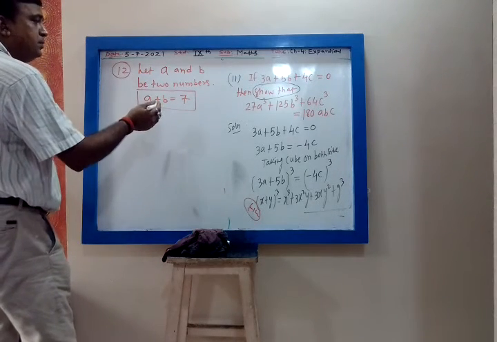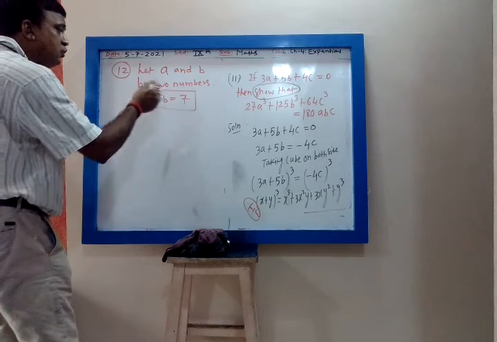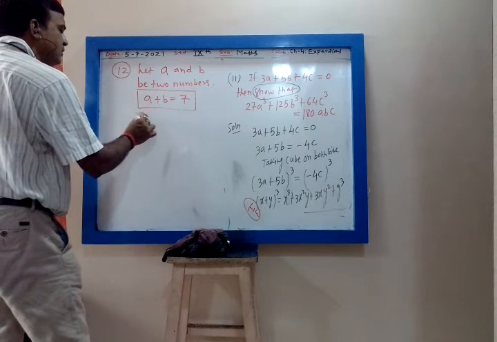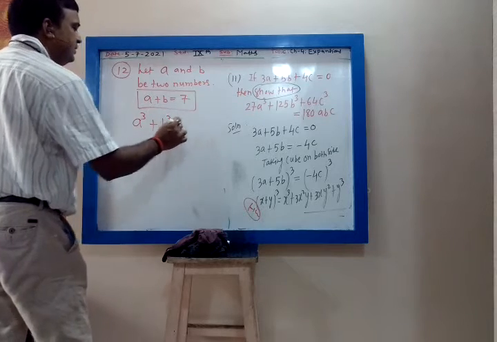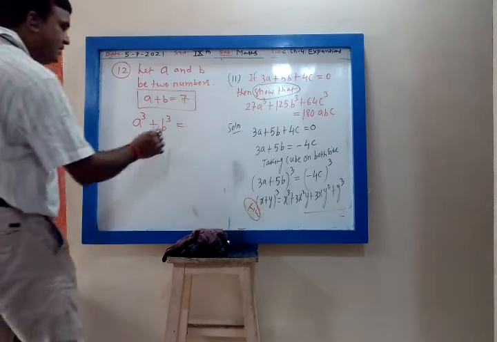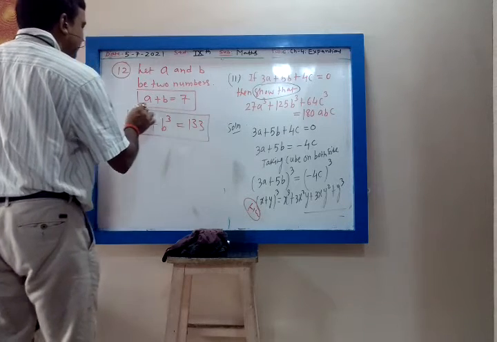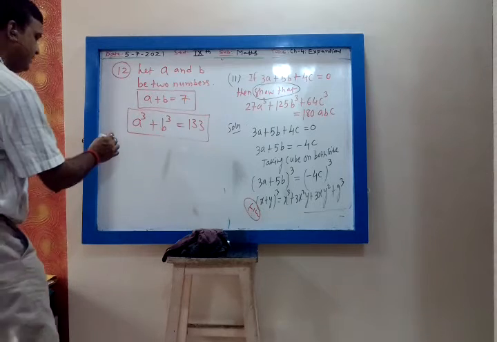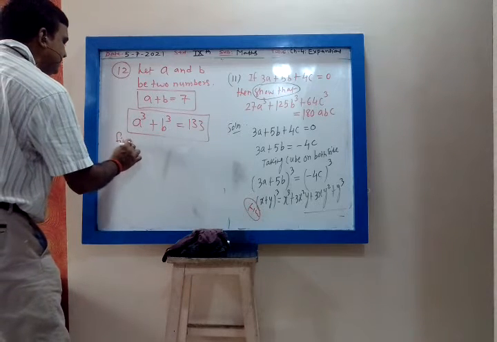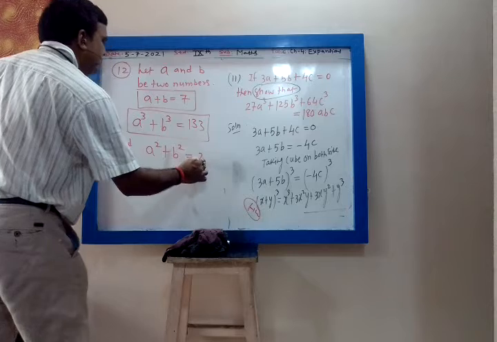Sum of the cubes, it is not cube of the sum. Sum of cubes means a cube plus b cube. So a cube plus b cube is given 133. Find the sum of their squares, a square plus b square, you have to calculate.